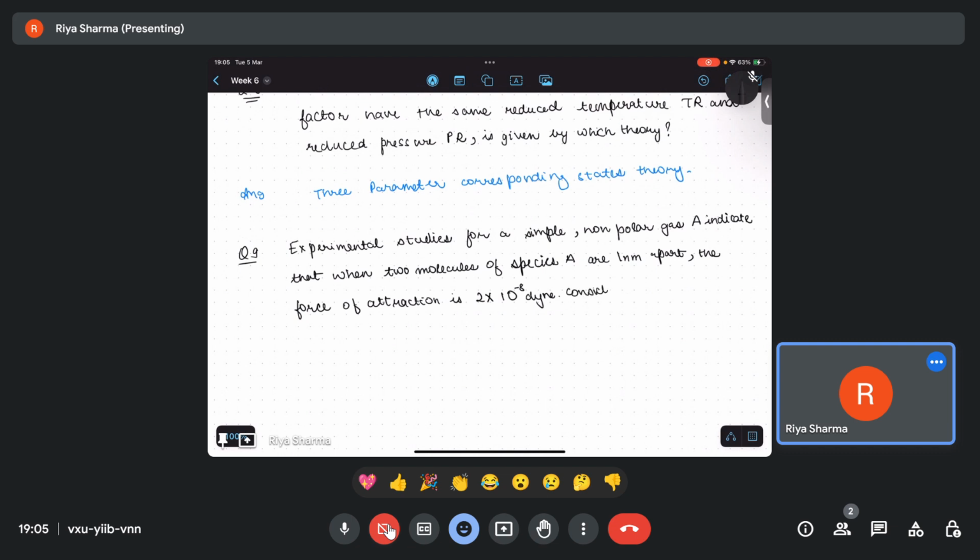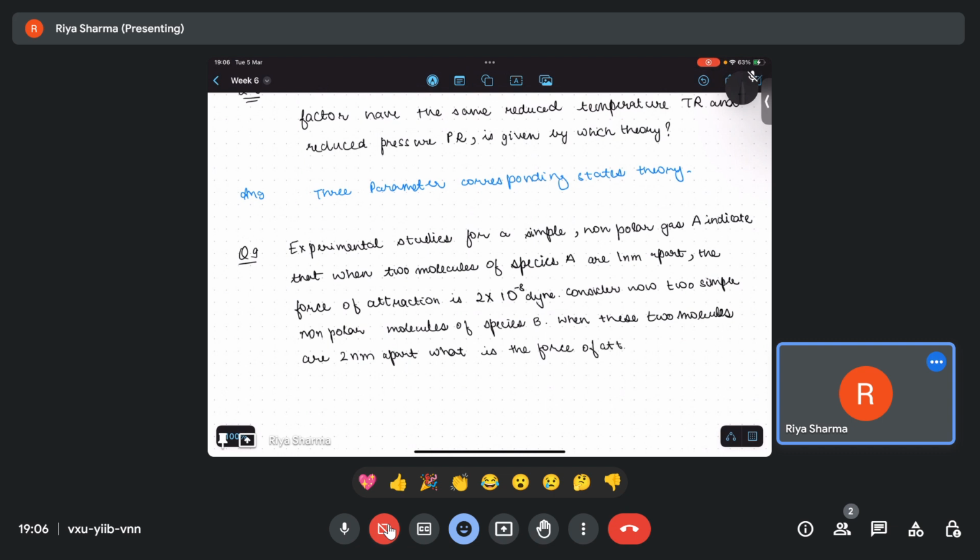Consider now two simple non-polar molecules of species B. When these two molecules are 2 nanometer apart, what is the force of attraction in dyne?